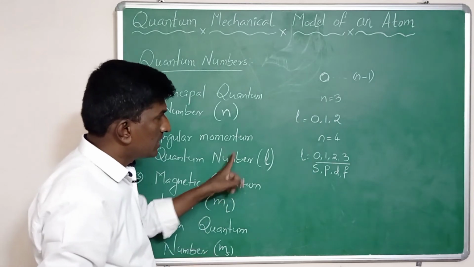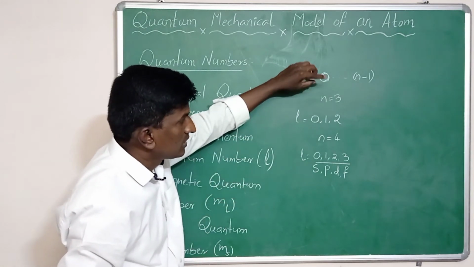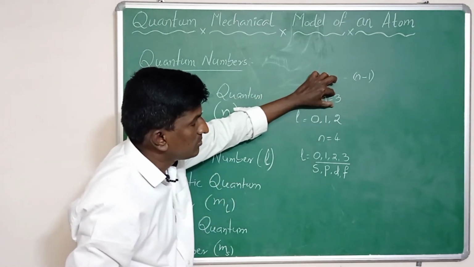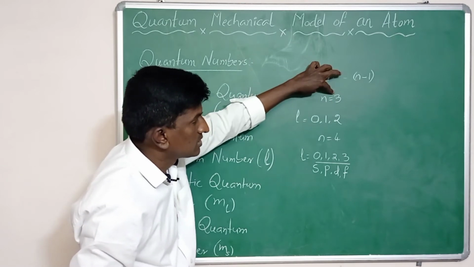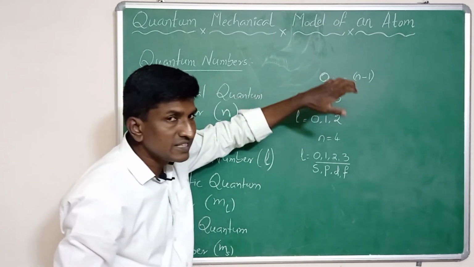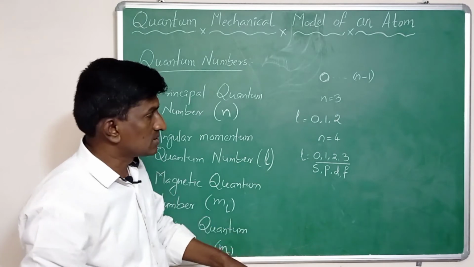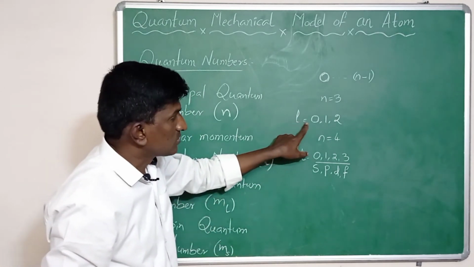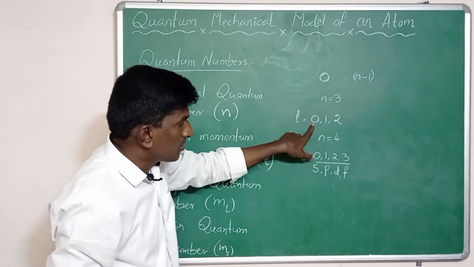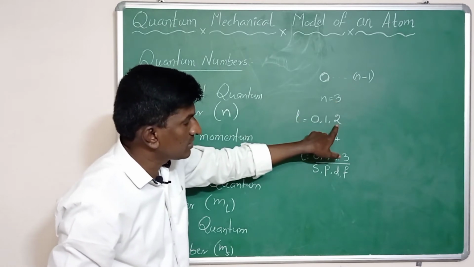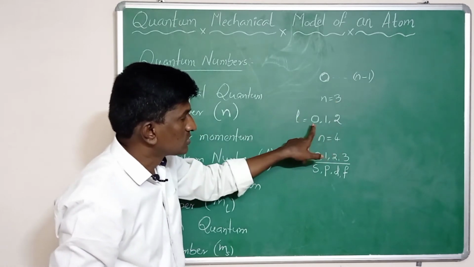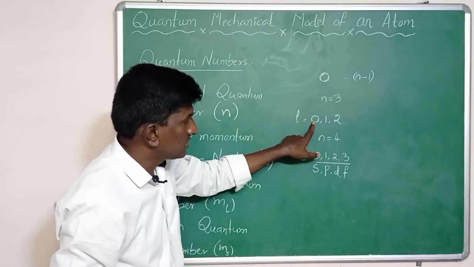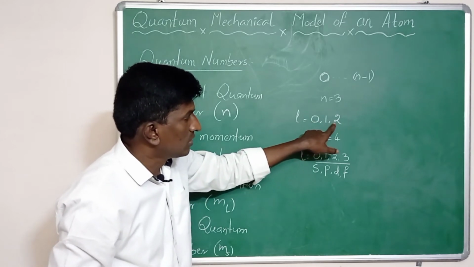Depending on the principal quantum number, an equal number of subshells will be there. For the third orbit, there are 3 subshells, with minimum 0 and maximum n minus 1, which is 2. The values are 0, 1, 2.